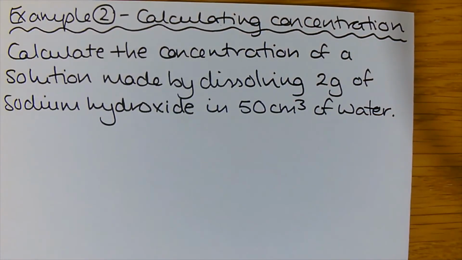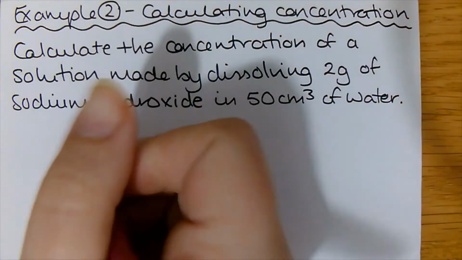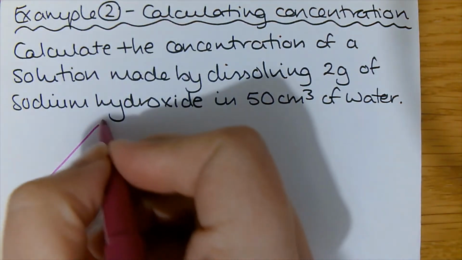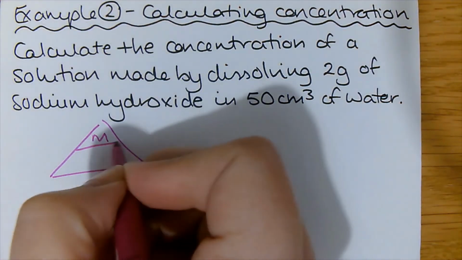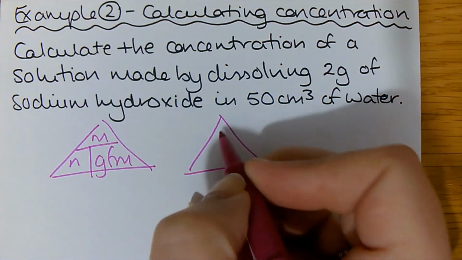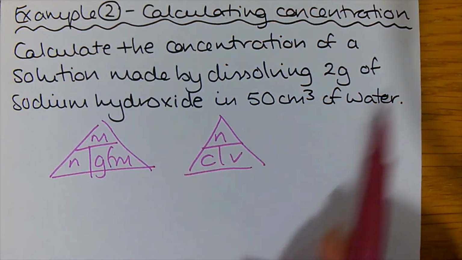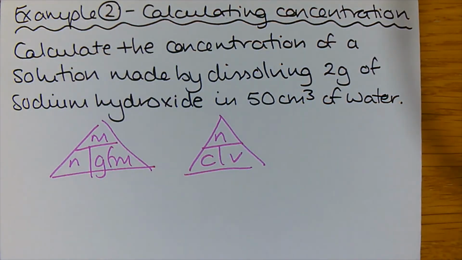The second way is calculating the concentration. So you have a known mass and you've got a known volume of the solution you want to make, so you need to work out the concentration of that solution that you would be creating. Again, the first thing I'm going to do is draw out these triangles. And looking at our text here, we can tick off what we have.